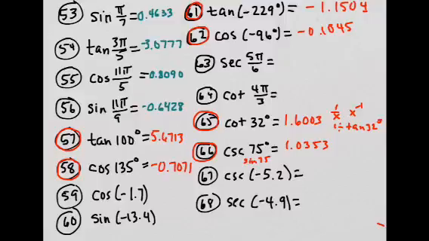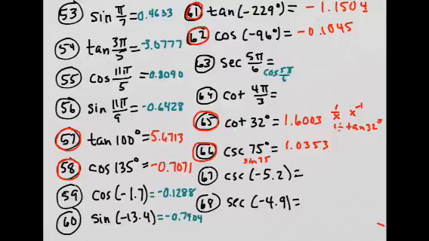Okay, so now I'm going to go down to 59 and do the next two. Okay, so for 59 and 60, the answers are right there. Same thing, just cosine of negative 1.7 and sine of negative 13.4. Now for the last four, 63, 64, 67, 68, those are all reciprocal functions. So for this one, I'm going to input cosine of 5 pi over 6 and then take its reciprocal.